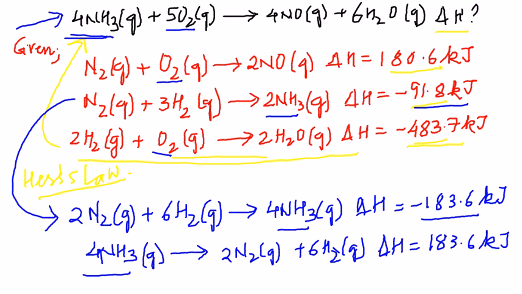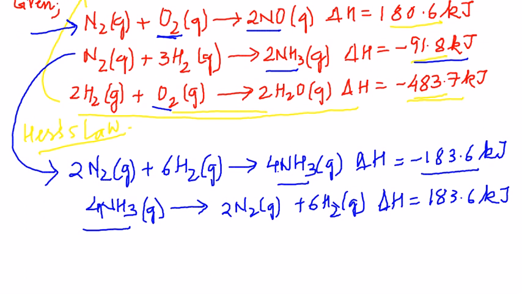So if you multiply this equation by a factor of 2, then you'll end up with 4 NOs out here, and that's exactly the number of NOs that you have out there. So let's multiply that by a factor of 2 and see what happens. I'm going to move this up slightly and put that in a different color so that you don't get confused.